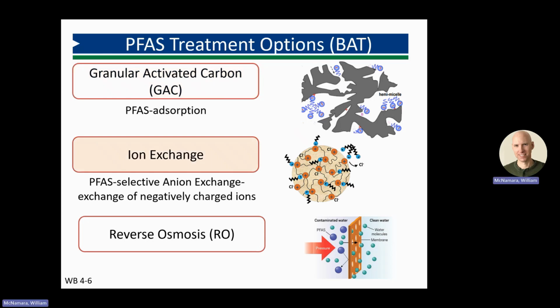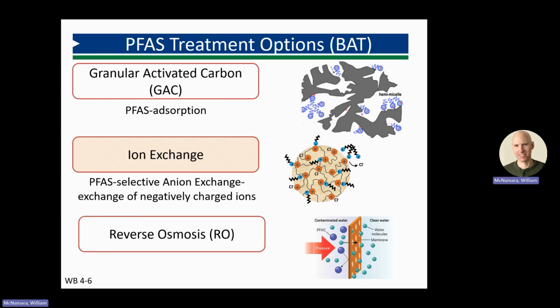Another treatment technology is ion exchange. So ion exchange involves the exchange of ions in the water. You have these resins in the unit that are conditioned with chloride ions, which are released into the water and exchanged with PFAS ions, taking their place in this case.